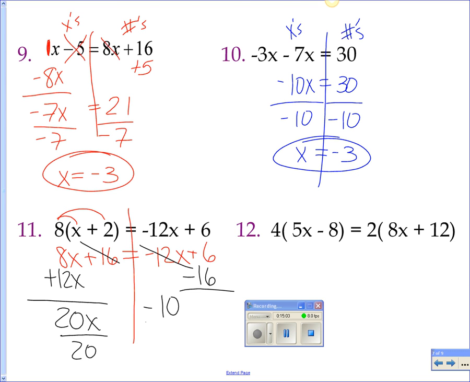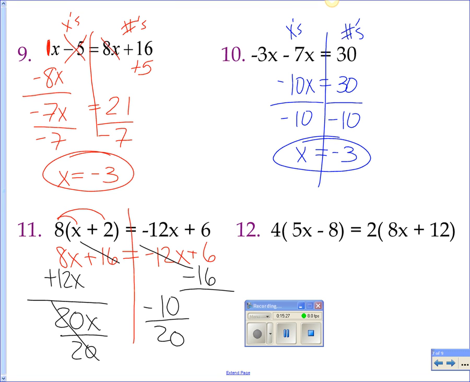Good. Okay, guys. 10 divided by 20 is not 2. If I have 10 pizzas and I divide them among 20 people, would everybody get 2 pizzas? No. If I have 10 pizzas and I'm trying to divide them among 20 people, how much pizza does every person get? A half. Okay?